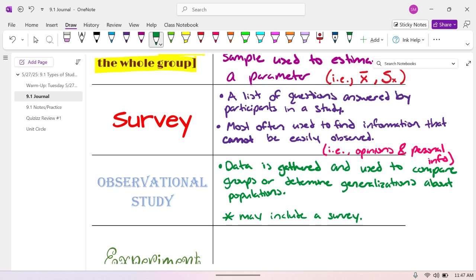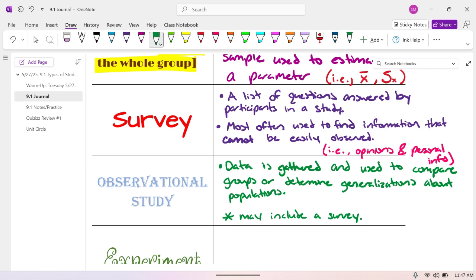So here's a good example of an observational study. When I was in college doing my graduate degrees and my master's, I had to do a huge thesis project at the end. Mine was specifically an observational study where I was looking at other student teachers in the department and observing how they were filling out something we had to do to get our licensure, which is called the TPA.